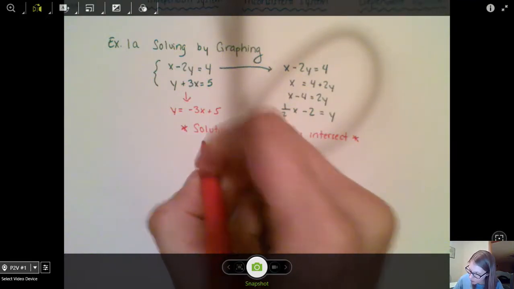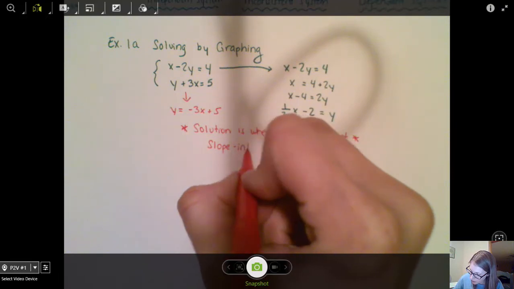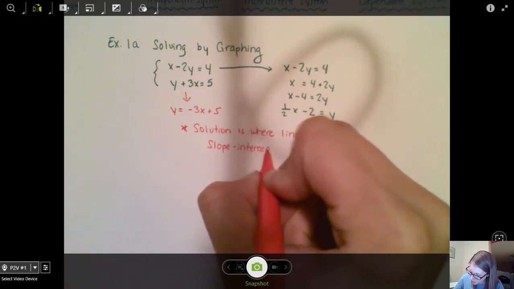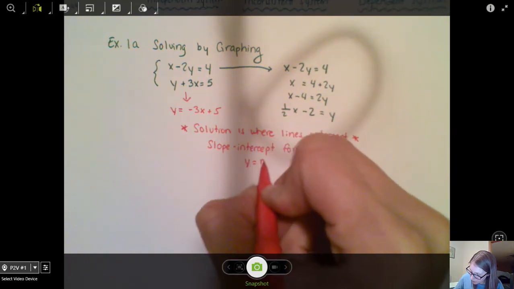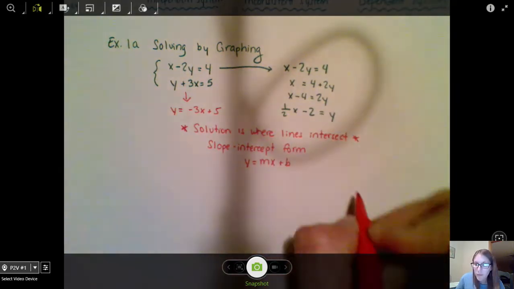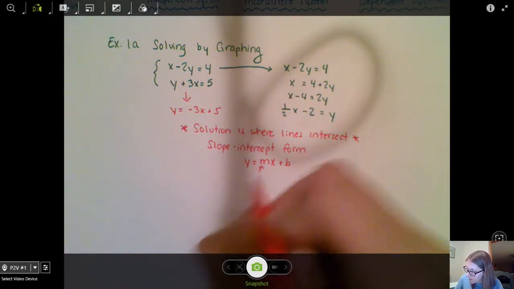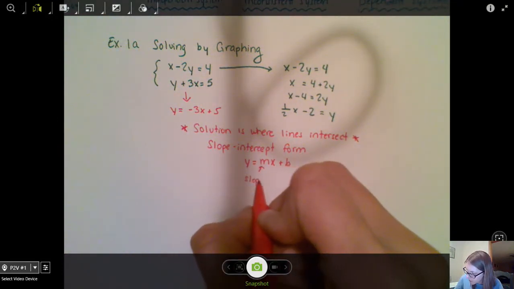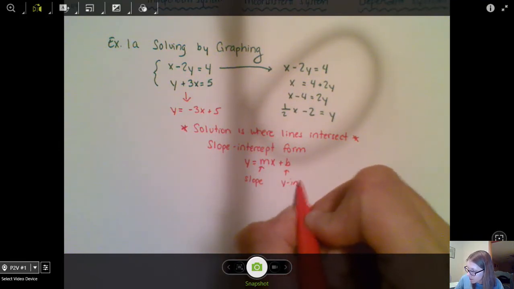And also just a little bit of general information here in case you don't really remember slope-intercept form is y equals mx plus b. And remember in that slope-intercept form, m tells us our slope, b tells us our y-intercept.